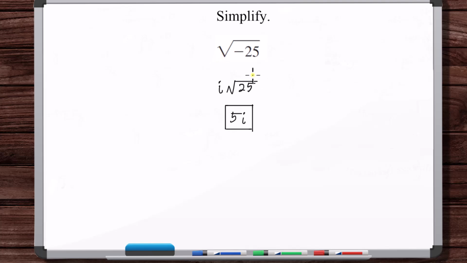We also talked about the fact that you want to think about this as a rule for how to simplify. Intuitively, you can think about it like it's kind of like having the square root of -1 times the square root of 25, but you want to be careful with this. You can combine these two like that, and yes, that is kind of true, but as we know, when it comes to multiplying radicals, you're not supposed to combine them like this if you've got a negative under one or both of the radicals.